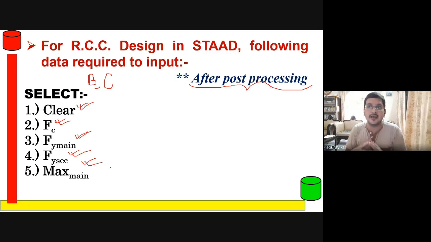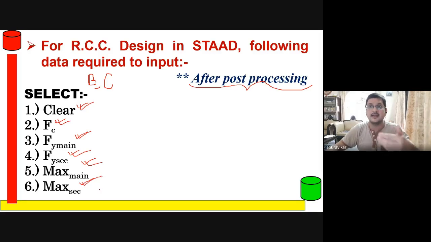If you do not give these values to StatPro, for example when the cross section is not adequate, then StatPro will design and show that the member is failing. We have to give a range. Similarly, maximum secondary is the maximum diameter of secondary reinforcement.